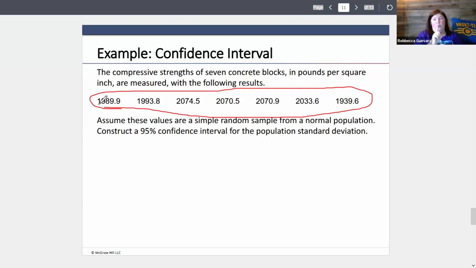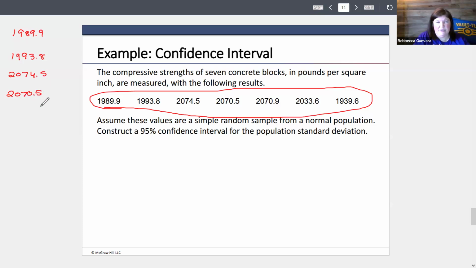So what we need to do is we need to just record a little bit of information here. Because they give us a list of values, that means we have to go back and calculate a variance ourselves.